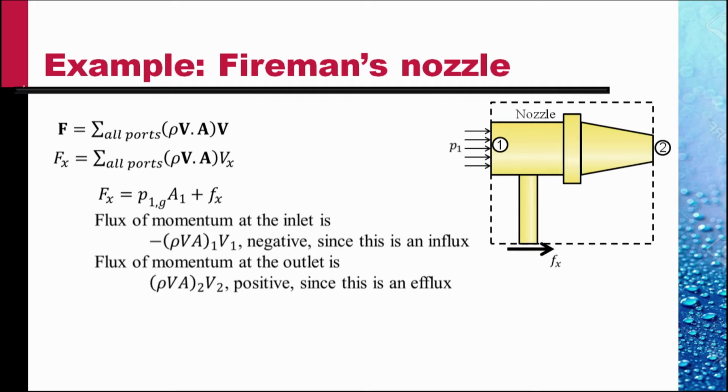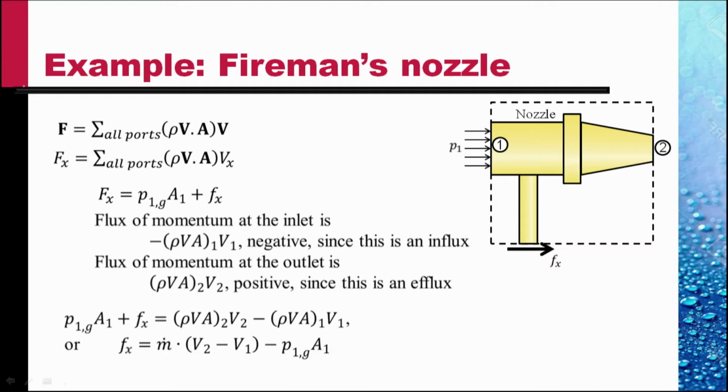The other efflux is at the outlet. The efflux of momentum at the outlet is rho VA2 times V2. And this is positive since the mass is coming out, so it's positive, and the velocity is in the positive direction.